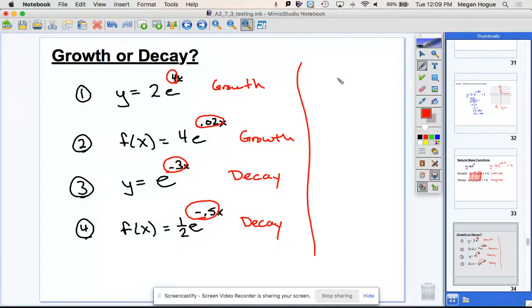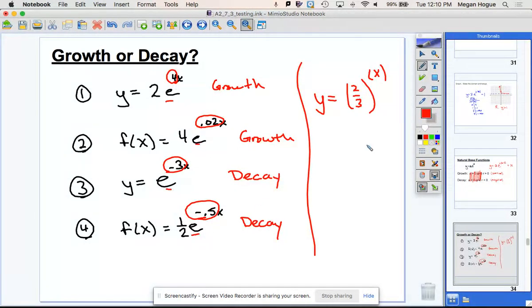All right, I'm going to throw one more up here. Let's say I have y is 2/3, and then the exponent is x. Growth or decay? It's decay. And this is what I was trying to say. Until we actually see it, we don't really understand. So these are all based on positive or negative because they're the E values.